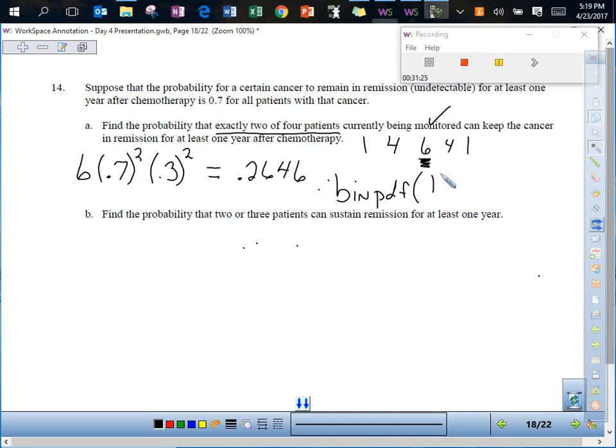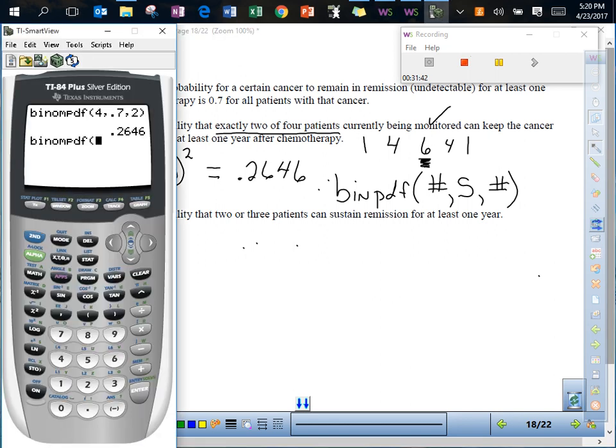In the first blank, it's the number that you're dealing with. In the next blank, it's your success probability, the probability you're given. In the next blank is the number that you're trying to explore. So there's some calculator work for you. I'm going to show you what it looks like here in a second.